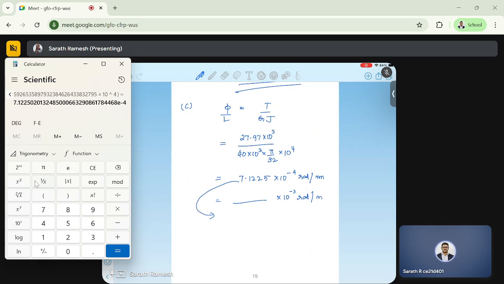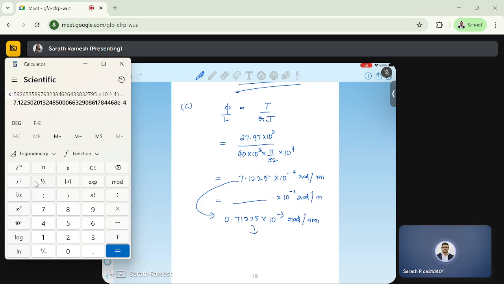This I can write as 71.225 into 10 power minus 1, or I'll write 0.71225 into 10 to the power minus 4, so this will give us 10 to the power minus 3 radian per mm.